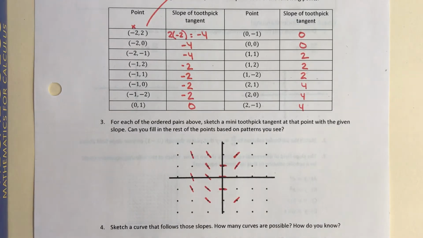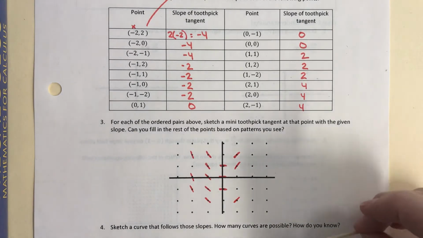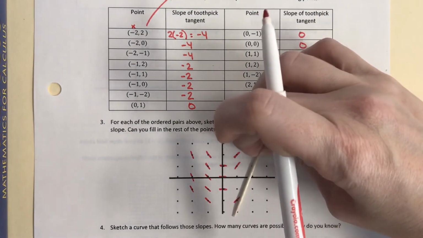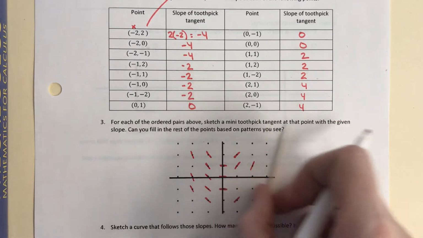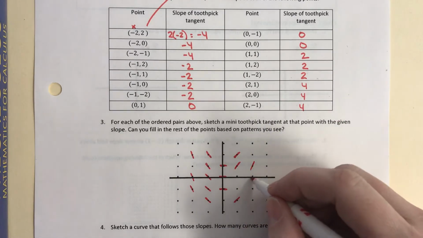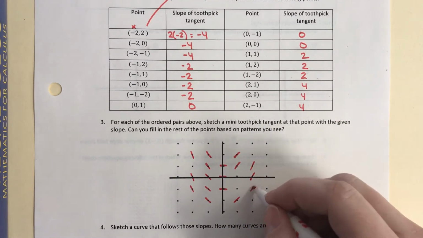And then the last 3 have slopes of 4, so they're slightly steeper. So 2, 1 has a slope of 4. 2, 0. And 2, negative 1.